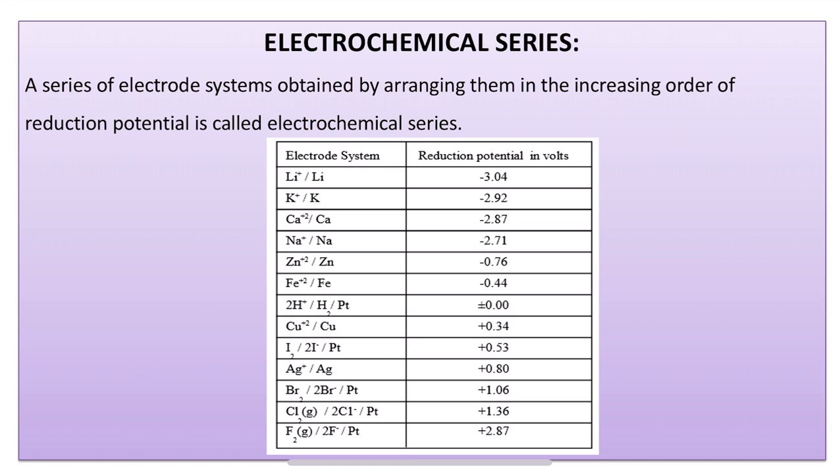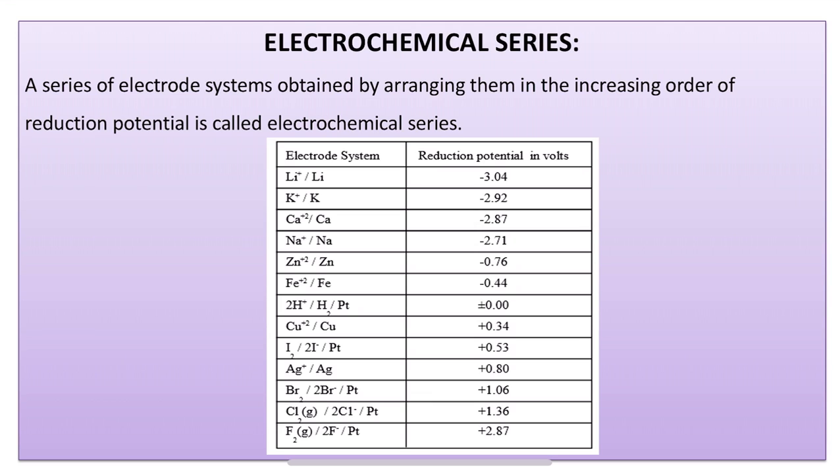According to the IUPAC convention, how the potential of the standard hydrogen electrode is considered, and what is an oxidation electrode, and how we are going to represent a cell and calculate the E.M.F of a cell.